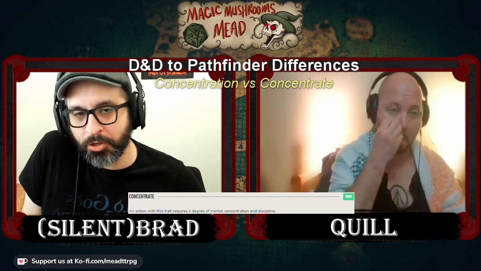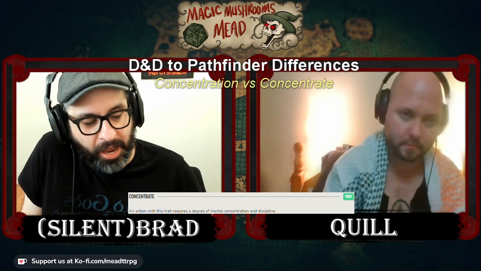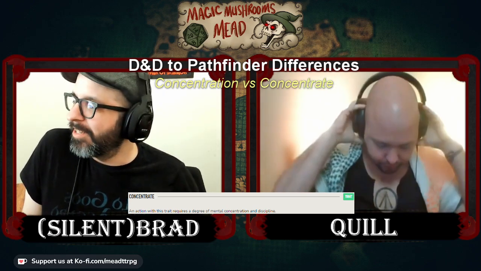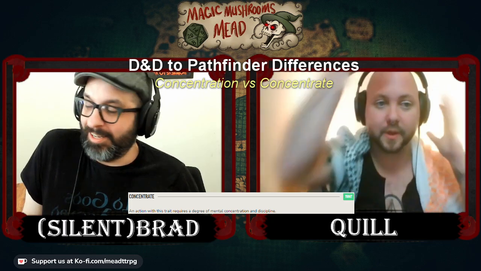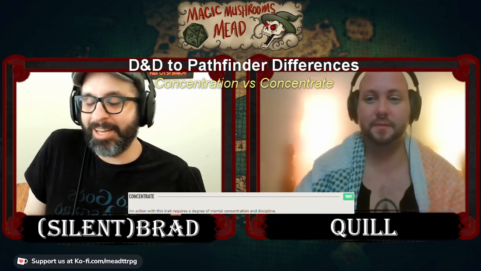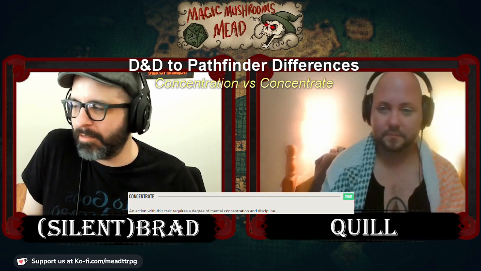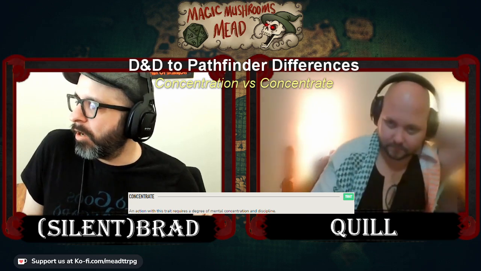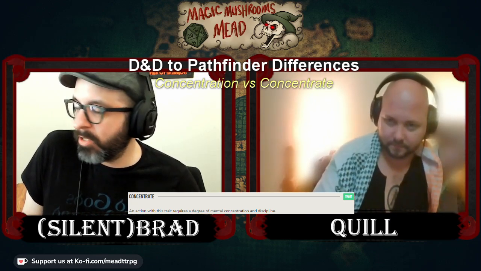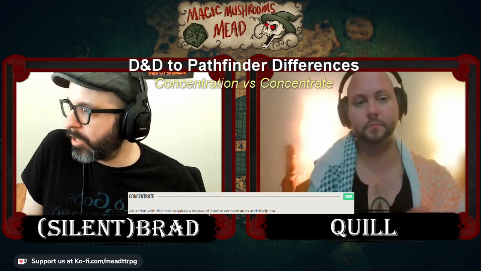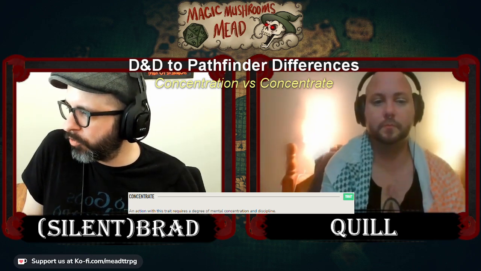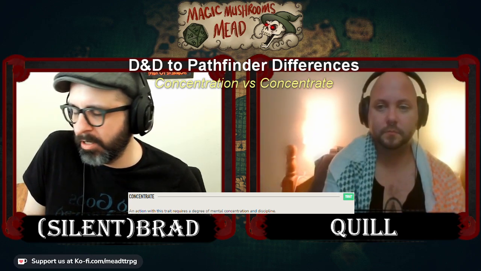There are actions and some spells that have a trait called Concentrate that has absolutely nothing to do with 5e concentration. That's probably a good thing to make someone aware of. Yes, I was very confused and I had to ask in Discord what the hell does this mean? And then people told me. All it means when it says concentrate under the traits section is that it requires a degree of mental concentration and discipline.